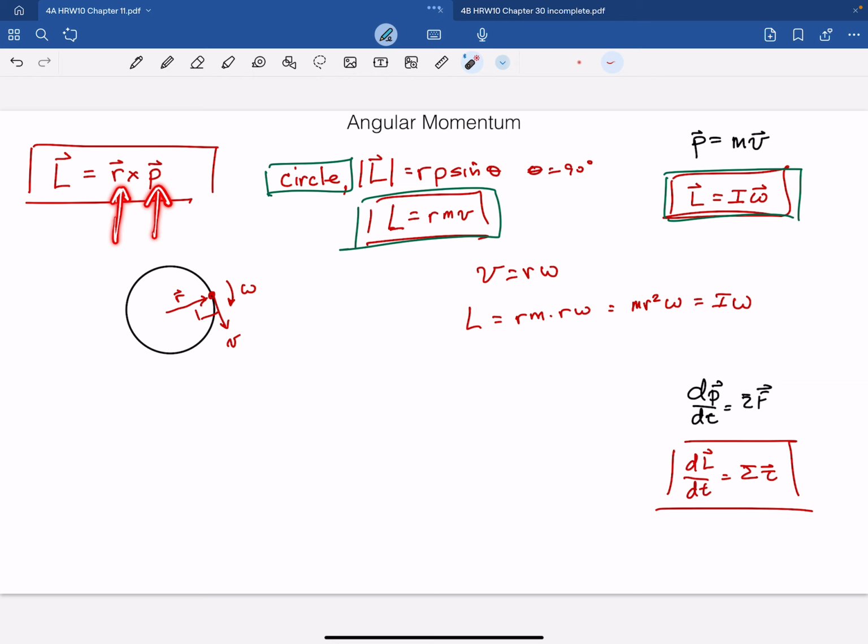What are the units here? This is just weird. Let's go quantity by quantity. That's a meter. This is a meter per second times a kilogram. That's a meter squared per second kilogram.